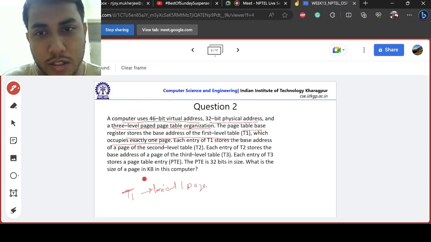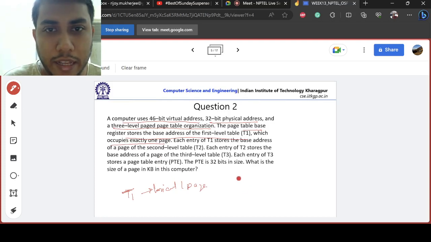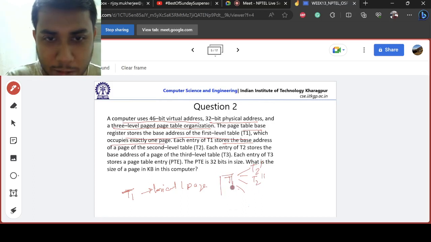Each entry of T1 stores the base address of a second level page table. So there are many second level page tables, T2', T2'', and each entry is stored here.